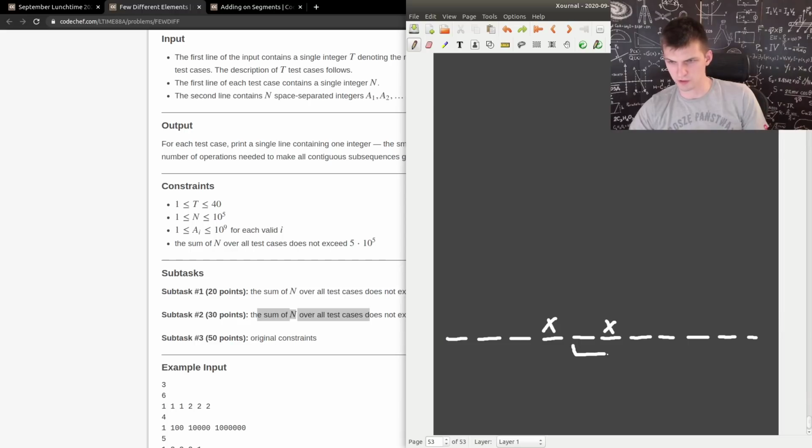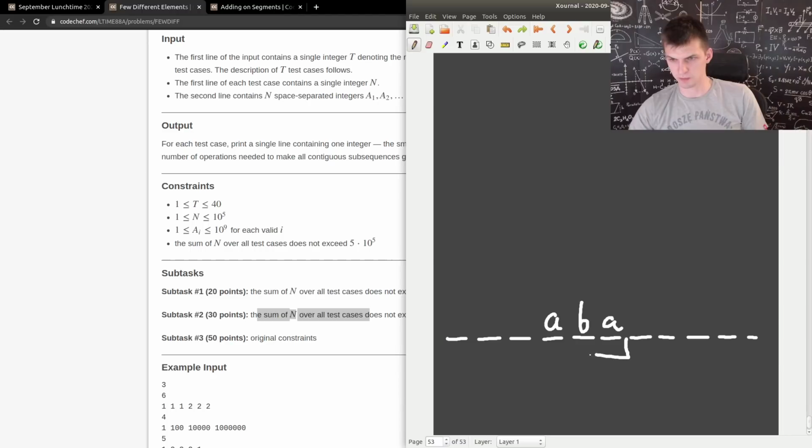But this is not enough. This must be satisfied. So if everything is distinct, oh, there must be two equal in a row, or something like this, A, B, A, B. Because if this is not B, that's bad.